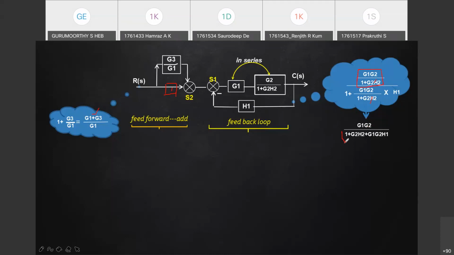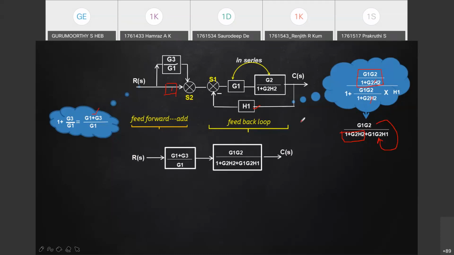The third term, you just multiply this one with H1, the numerator G1, G2, then feedback. Just multiply and keep it here as the third factor, if you don't want to do LCM and all. So directly you can write the answer.